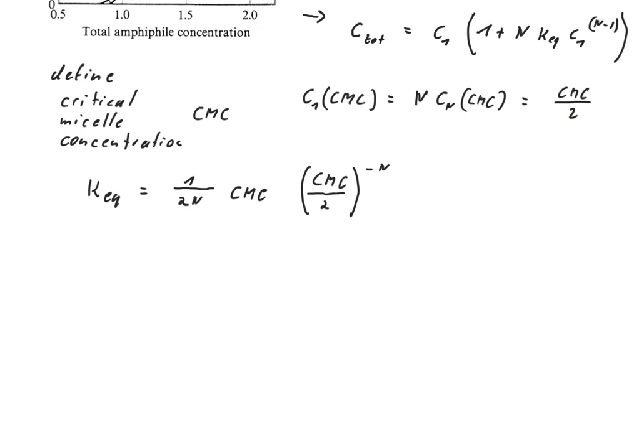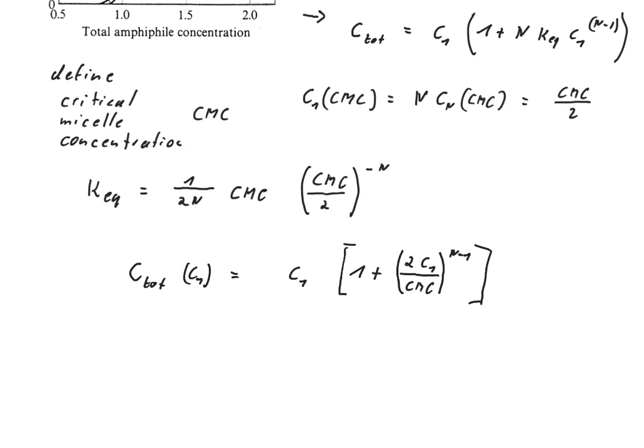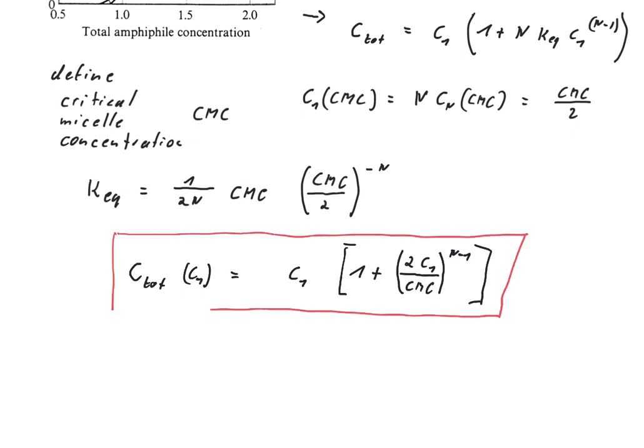From there we can rewrite our equation for the total amphiphile concentration, C total, as a function of C1, the dissolved amphiphile, and that reads C total equals C1 times (1 plus 2 C1 divided by CMC to the power n minus 1).